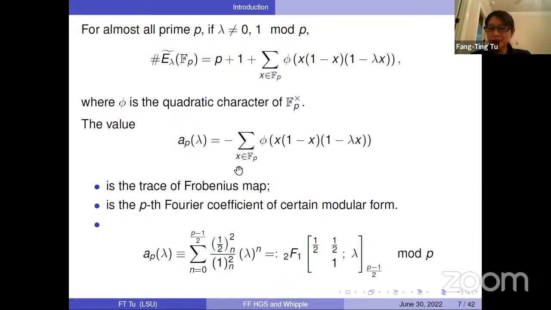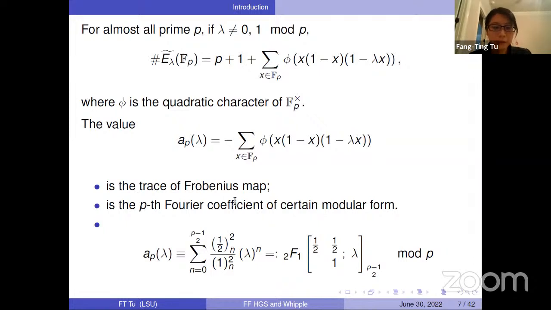This error term, the a_p value I define here, is the trace of Frobenius of the Galois representation. And also from the modularity theorem, we know that for a fixed lambda, the a_p value gives us the Fourier expansion of a weight 2 cusp form.